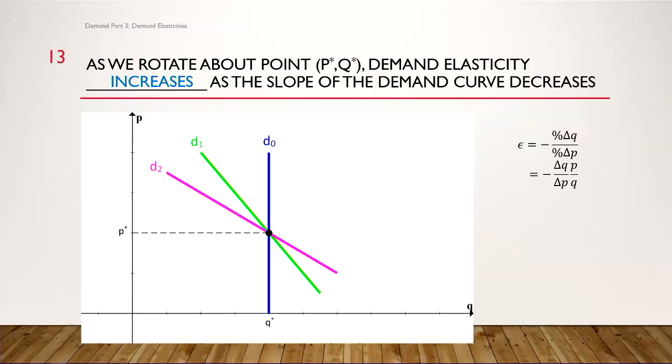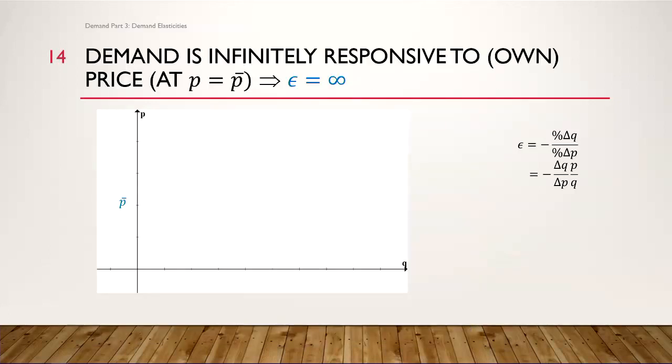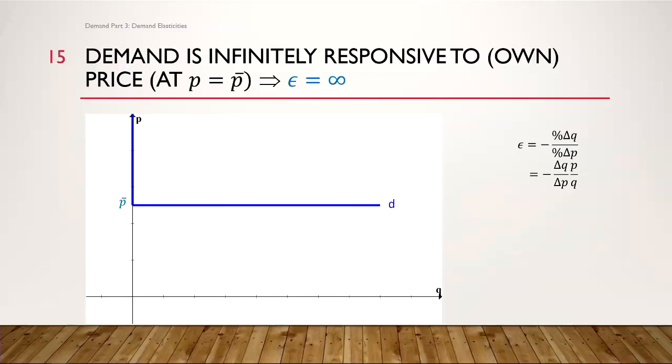And then you can think, in the thought experiment, of making the demand curve perfectly horizontal, which drives up the elasticity to infinity. So when demand is infinitely responsive to the price, we know elasticity is infinite, and that looks like a horizontal demand curve. So on the horizontal part of this demand curve, demand is infinitely elastic.